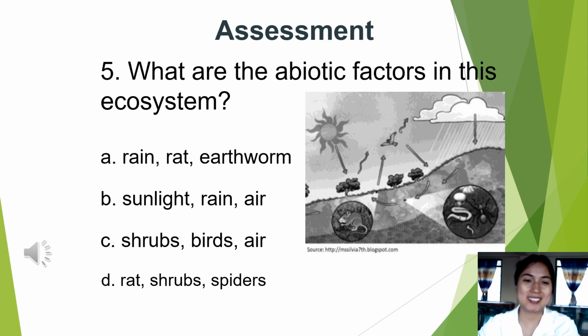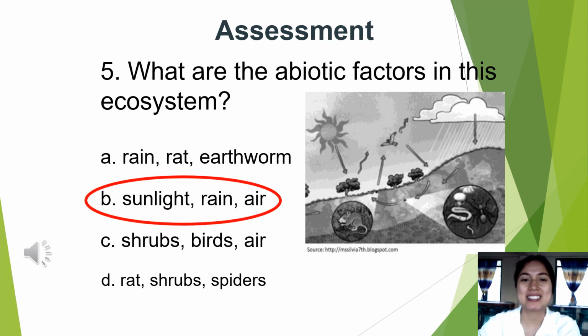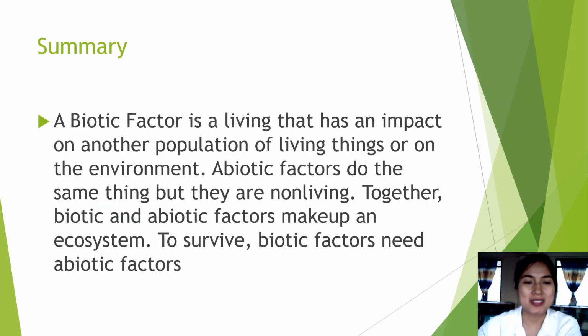Okay, let's see if you got it right. So for number 5, the correct answer is letter B. Sunlight, rain, and air. Okay, very good. Before we end this lesson, let's have a summary. A biotic factor is a living thing that has an impact on another population of living things or on the environment.